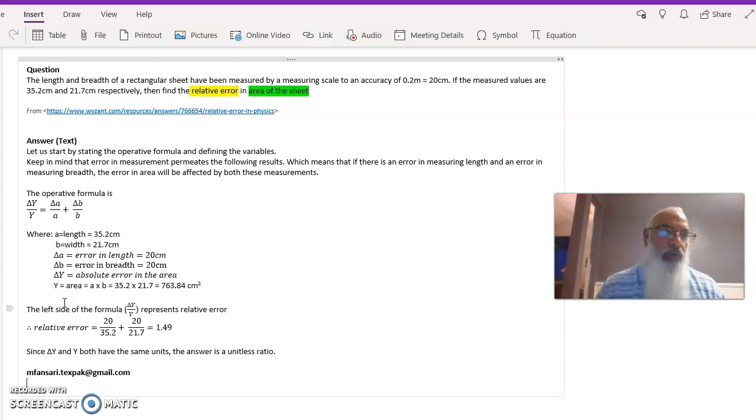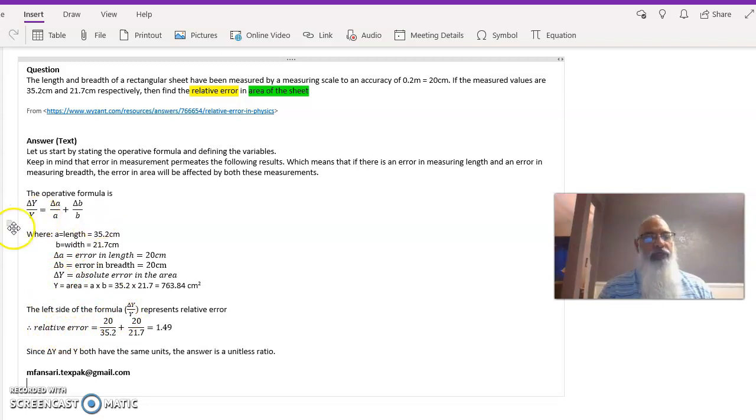Based on that, what we are really looking for is just delta y over y. The entire ratio is relative error. So the amount of absolute error divided by the value obtained by multiplying the measurements, however it has to be multiplication, division, whatever, the ratio gives you the relative error.